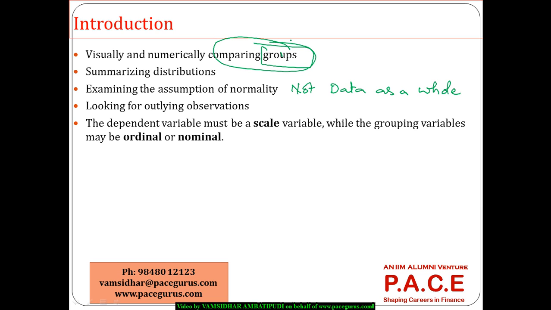If I want to check the normality in each of the subgroups, or look at the descriptive statistics for each of the subgroups, this is where we can use the help of exploratory data analysis. It can summarize the distributions across the groups, which will help me dig deeper.